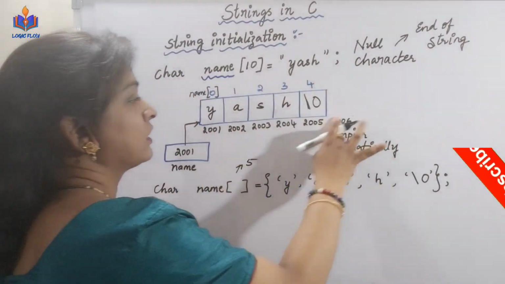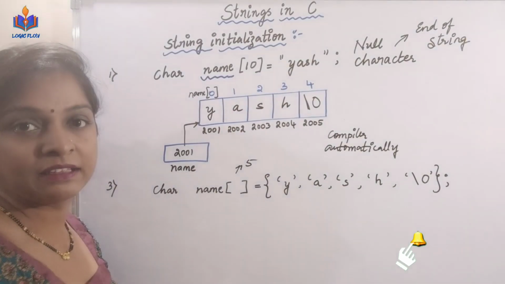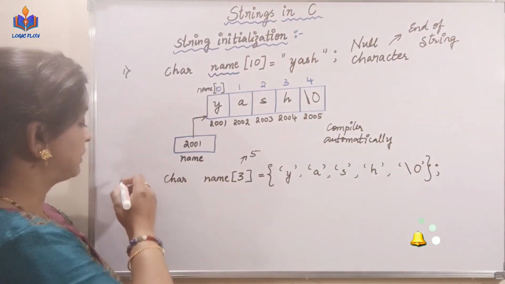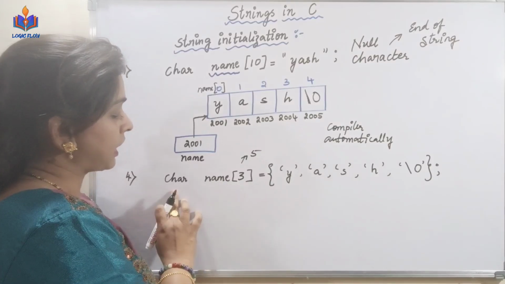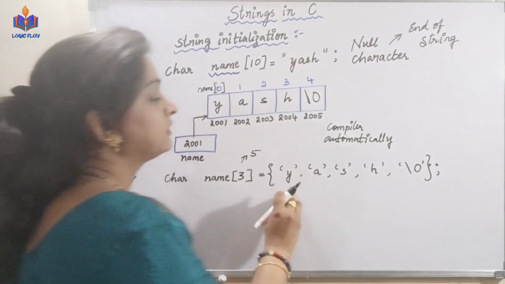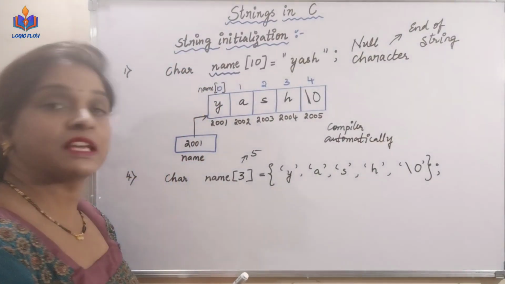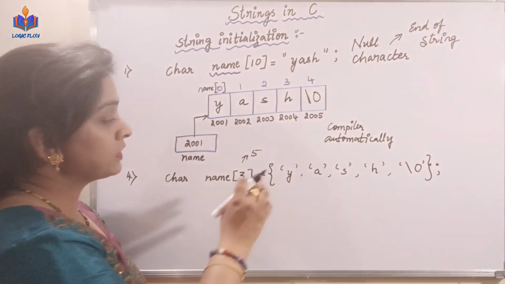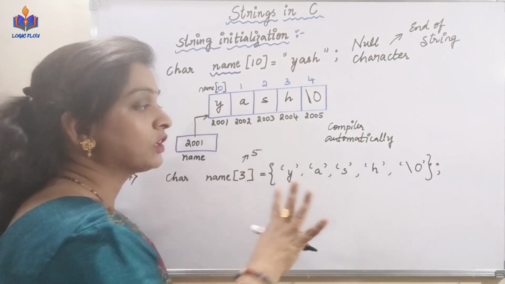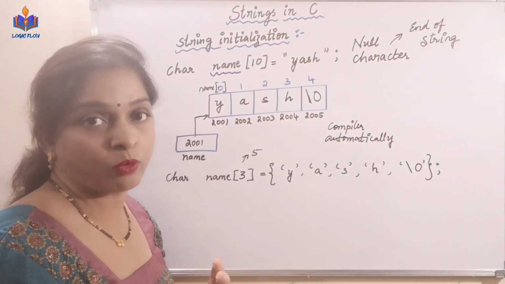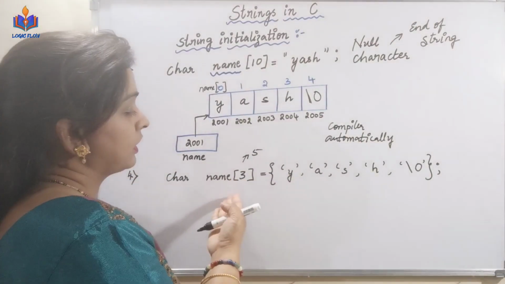So here the memory allocation will be like this. Here is the fourth method. Look at the dimension here. It is character name of 3, but the number of characters I have initialized is more. YASH, 4 characters plus the null character, totally 5 bytes are required. But here it is saying 3.